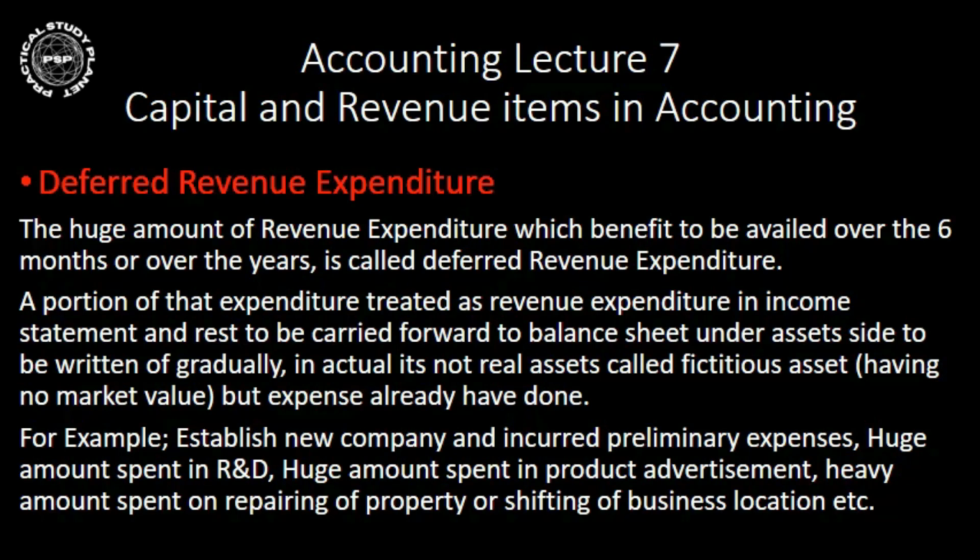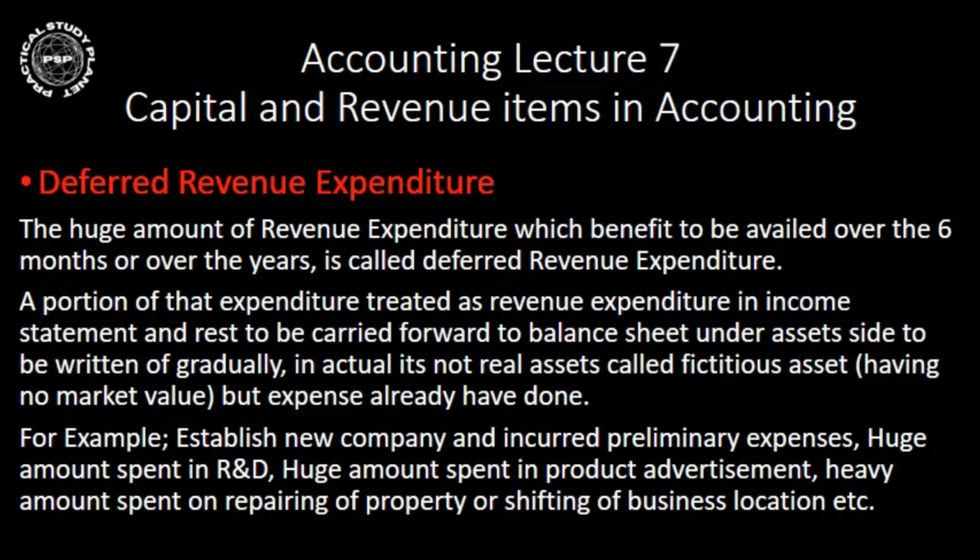Deferred revenue expenditure. The huge amount of revenue expenditure whose benefit is to be availed over six months or more, or over the years, is called the deferred revenue expenditure. A portion of that expenditure is treated as a revenue expenditure in income statement and the rest is carried forward to the balance sheet under the asset side to be written off gradually.